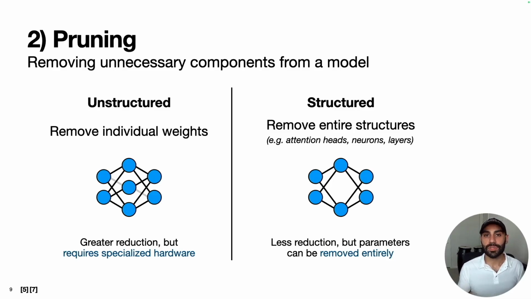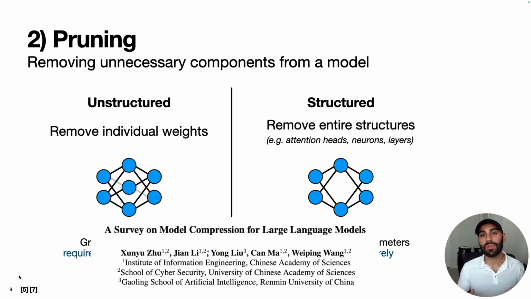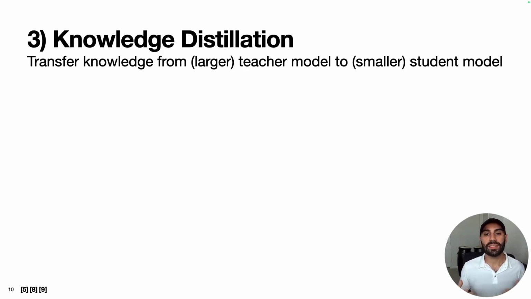While this does result in less opportunities for model reduction, it allows one to completely remove parameters from the model. If you want to explore specific unstructured and structured pruning techniques, check out reference number 5, which provides a nice survey of these approaches.